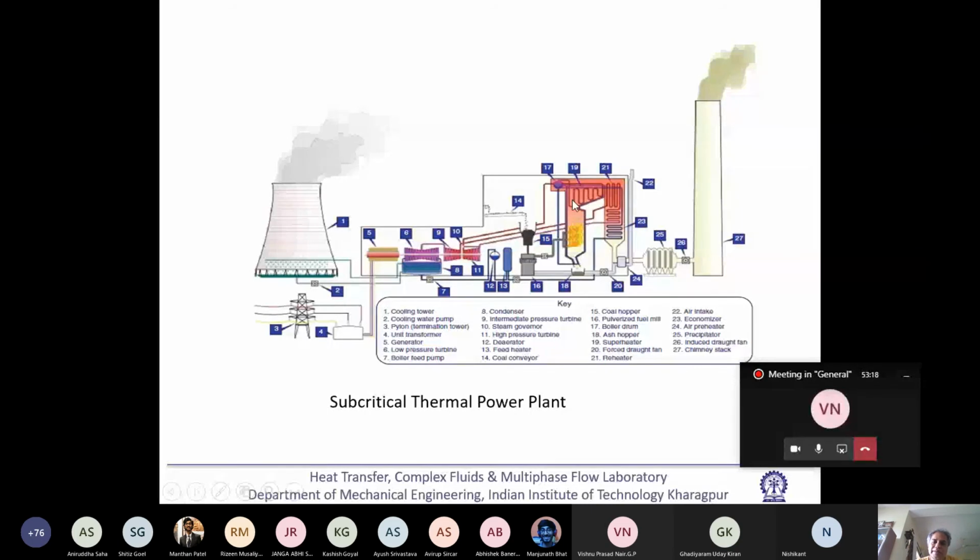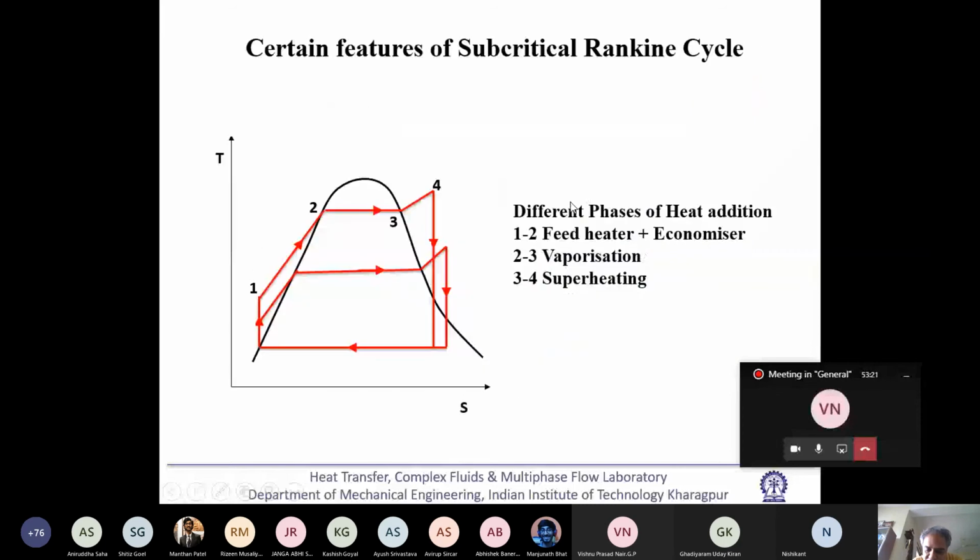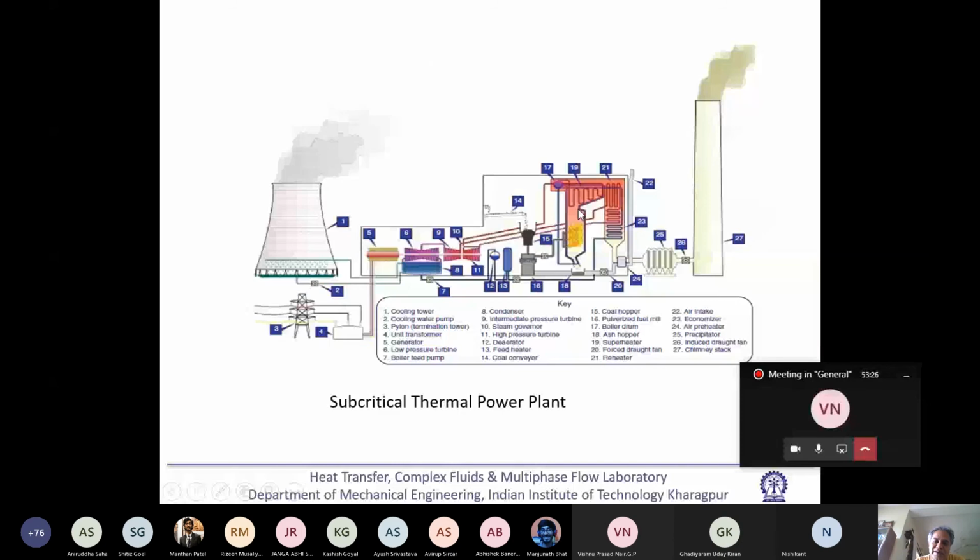So can you tell me what part of the boiler should be here? Because it is getting the maximum amount of thermal energy due to convection and radiation. Can you tell me? Any idea?